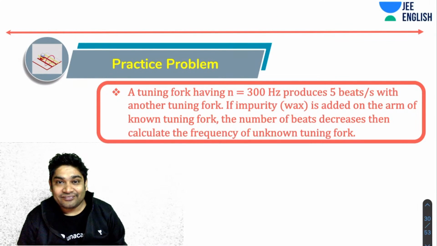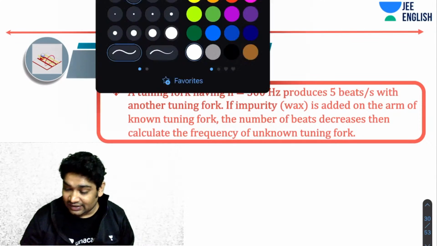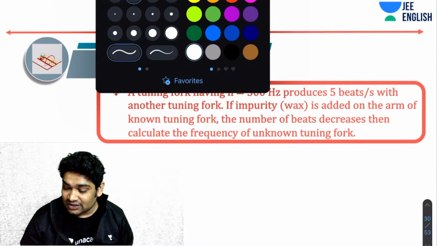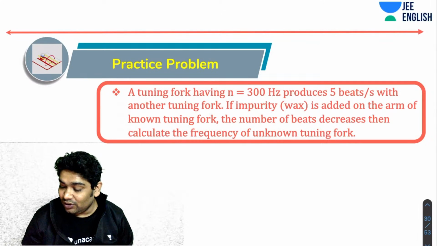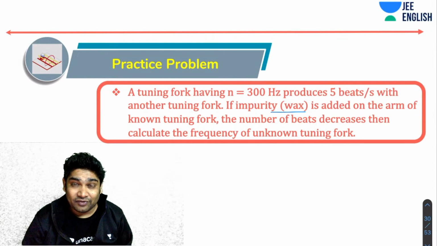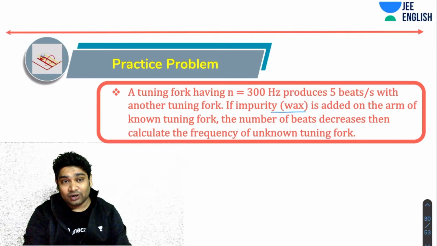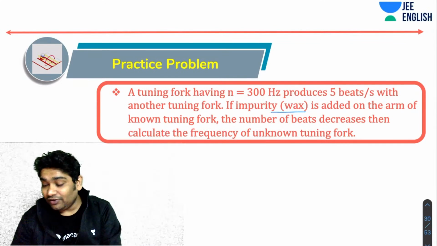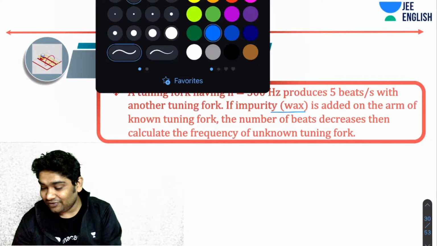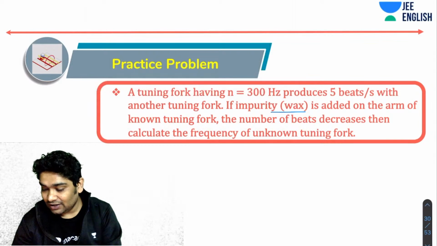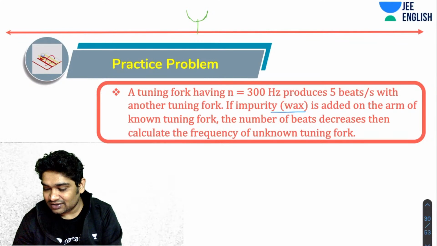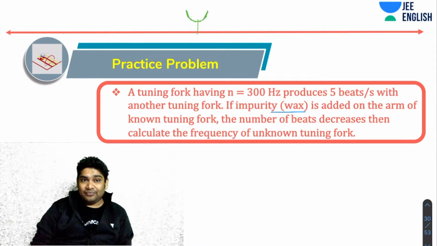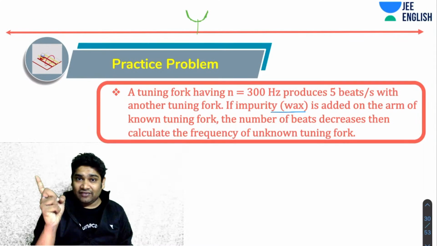Now please note here, let me also bring to your attention what happens when you load a wax on a tuning fork and when you file a tuning fork. Essentially, a tuning fork is a metal thing which can vibrate.